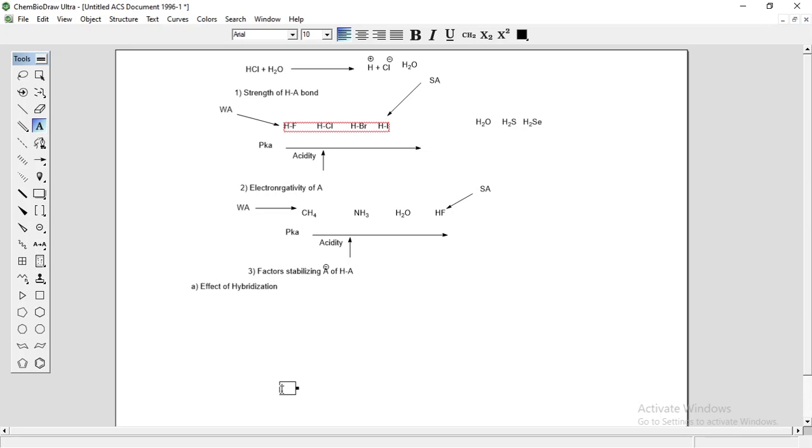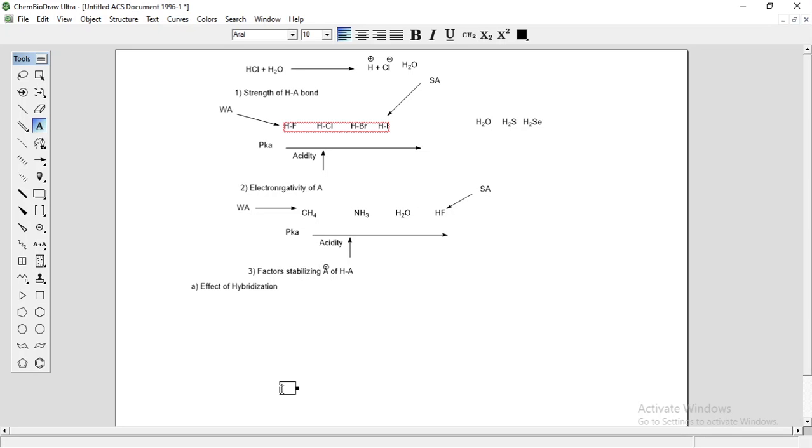The acidity increases from alkane, that is sp3 hybridized carbon with 25% s character and 75% p character, through alkene, where the carbon is sp2 hybridized with 33% s character and 67% p character.